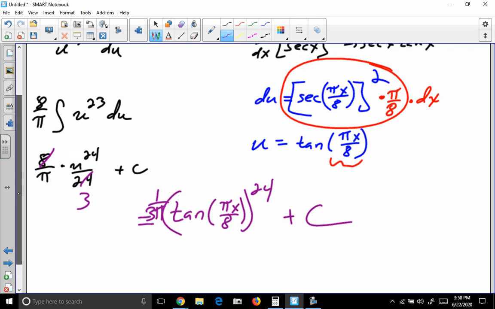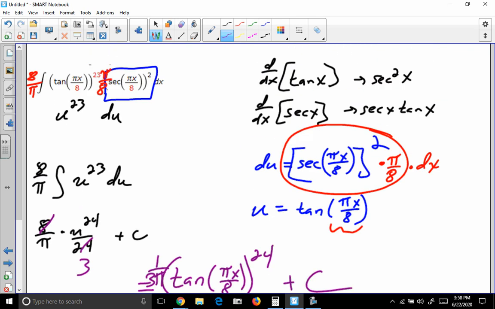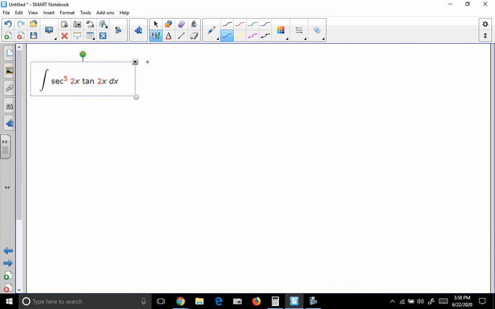So what are we using for our substitution here? Let's go to this one. Is our secant even? That's what we look for first. No, it is not even, so the first rule doesn't apply.